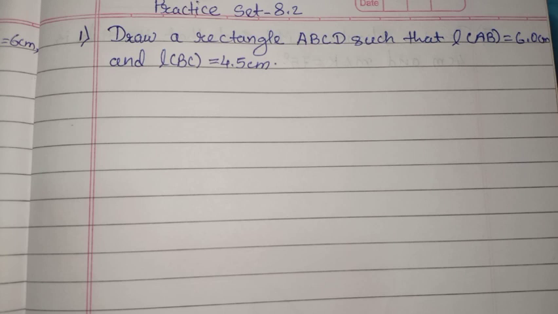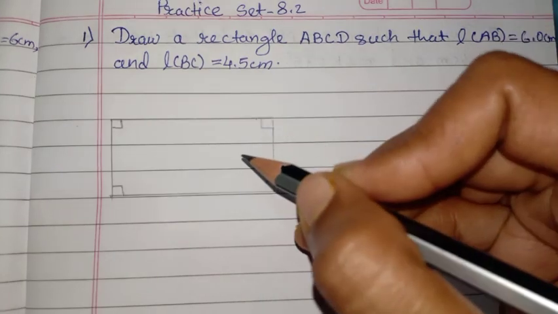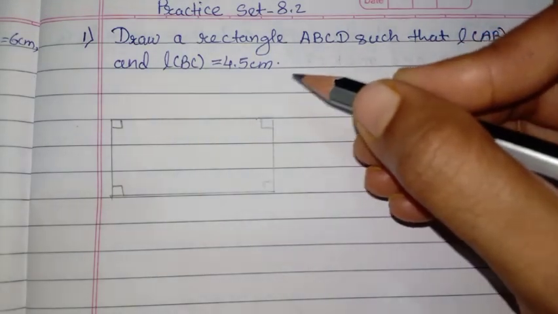First question. Draw a rectangle ABCD such that length AB is equal to 6 cm and length BC is equal to 4.5 centimeters. Children, now you know very well that opposite sides of a rectangle are congruent. So first of all, we'll draw a rough figure and then we'll draw a fair one. Suppose this is the rough figure.